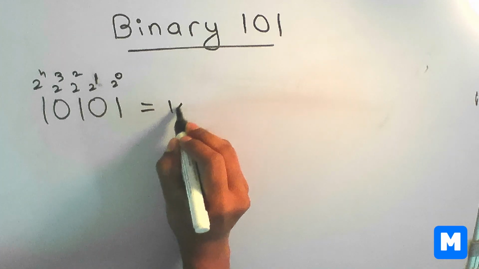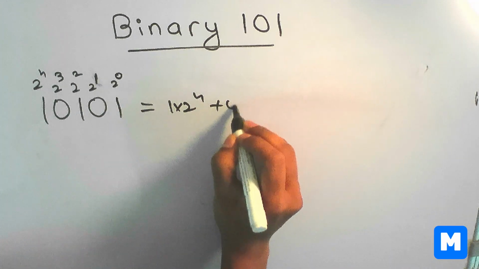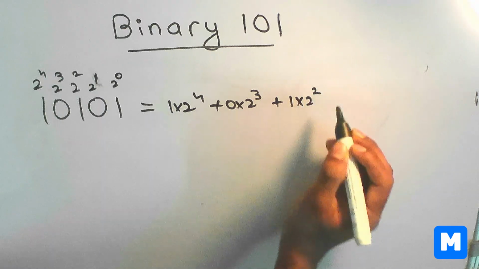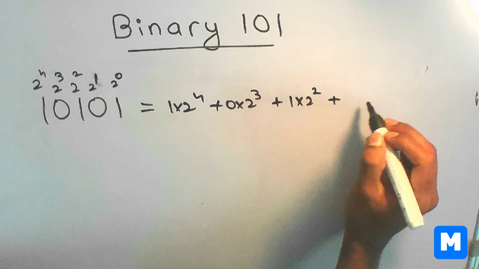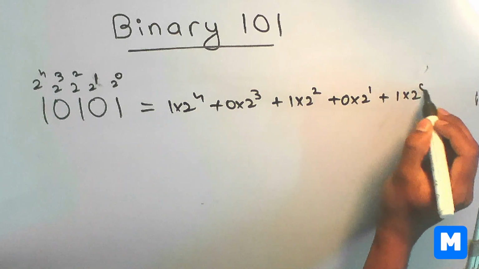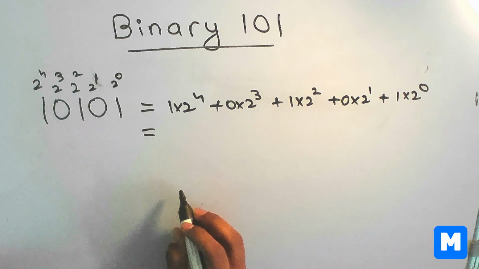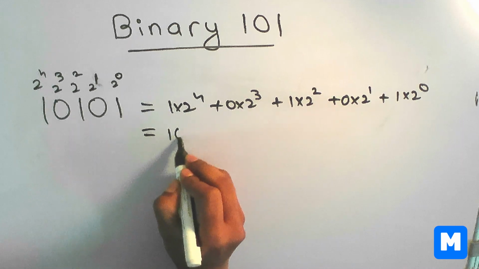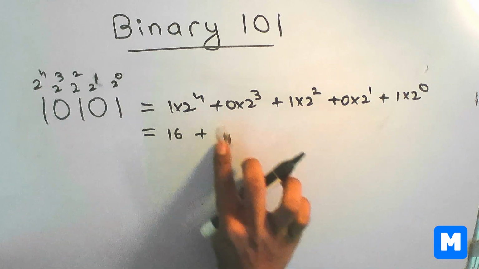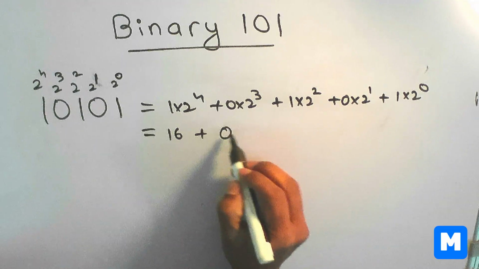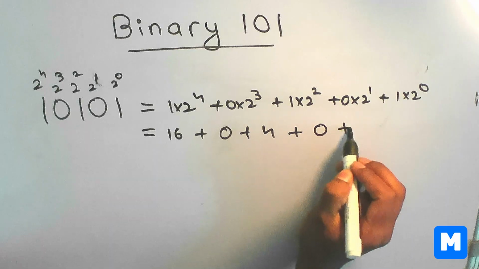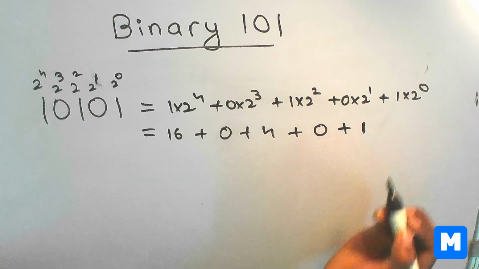So your 1 into 2 power 4 plus 0 into 2 power 3 plus your 1 into 2 power 2 plus your 0 into 2 power 1 plus your 1 into 2 power 0. At the end, it comes out to be 2 power 4, which is 16, plus 2 power 2, which is 4. The 2 power 3 term becomes 0, and the last term is 1.